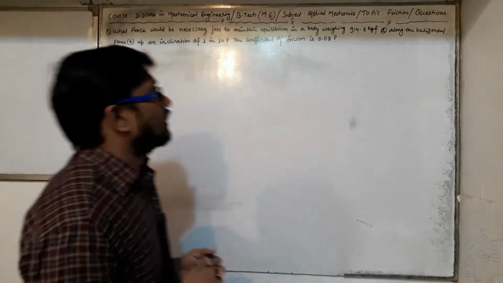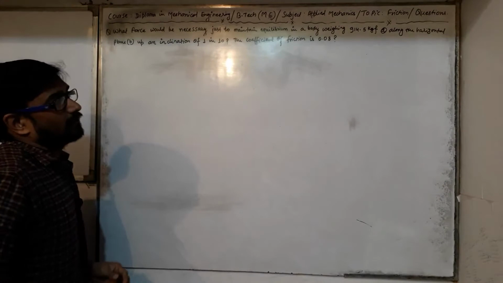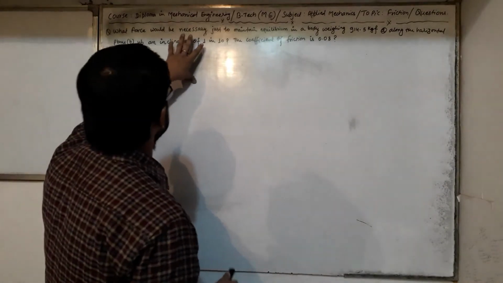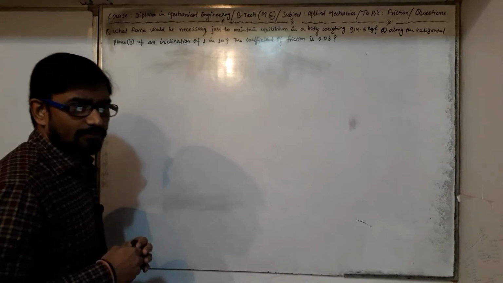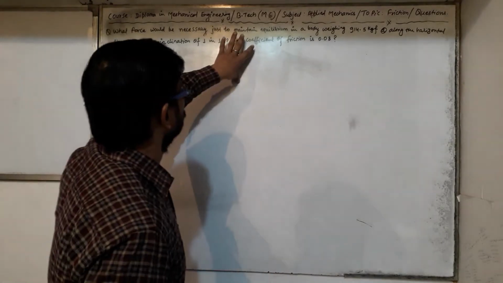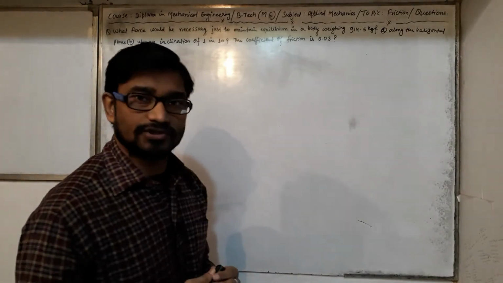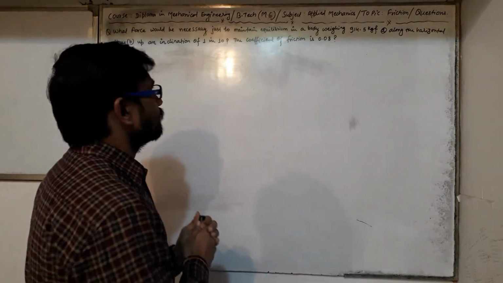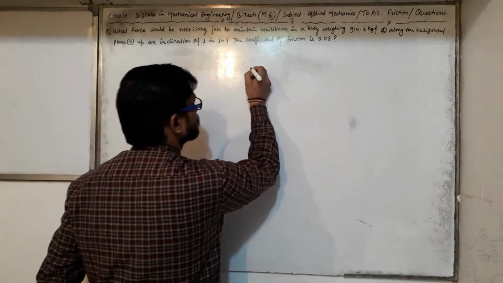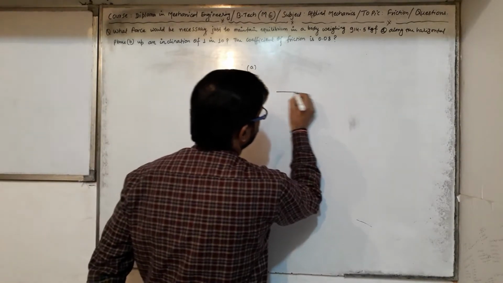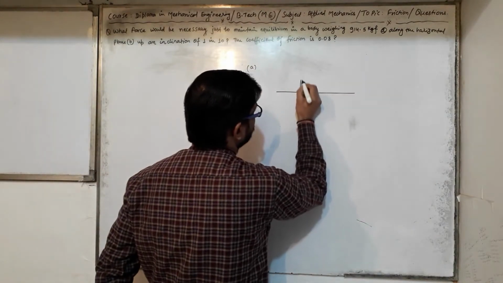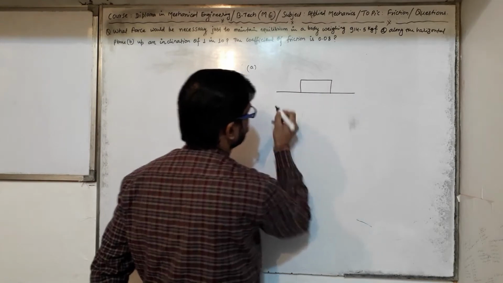So first of all, I am going to draw the figure where force is active, how much force is required to maintain equilibrium as per the question given. For the first bit, the question is talking about the body which is kept horizontally.